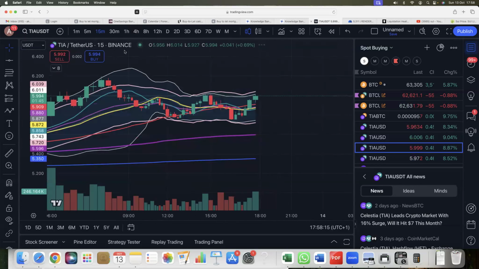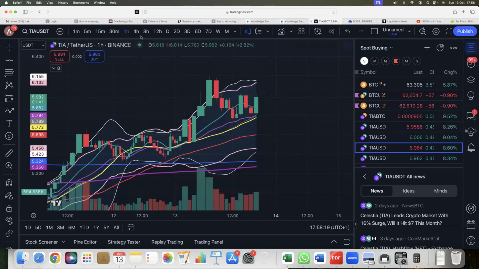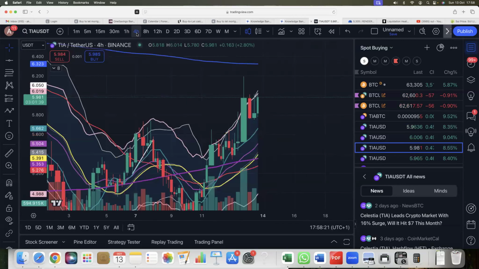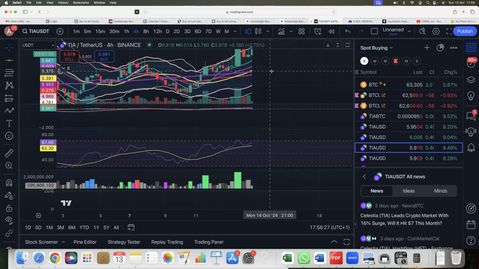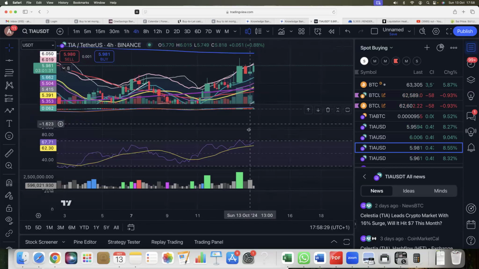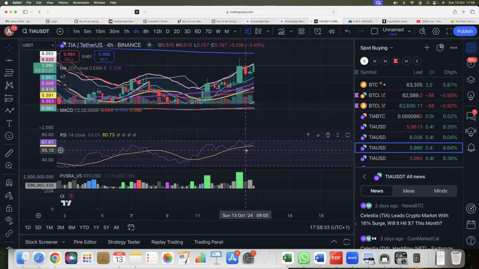Let's see if we've got divergence somewhere. No, 4 hours. Oh, there is a divergence here. If I put this on, this is 63.01, and that is 64. Oh no, it's not, is it?